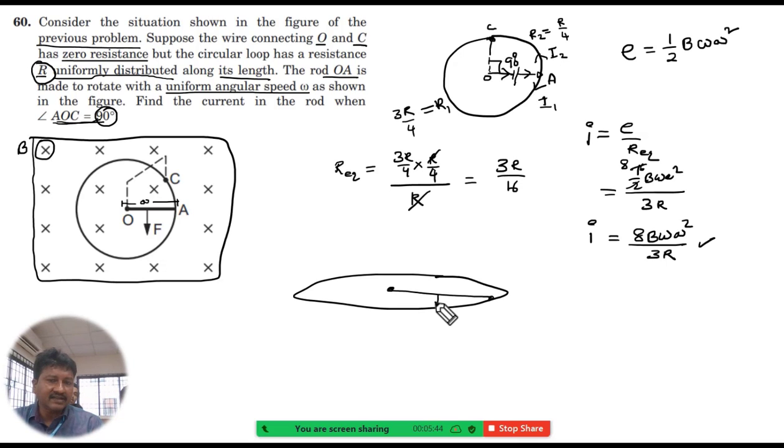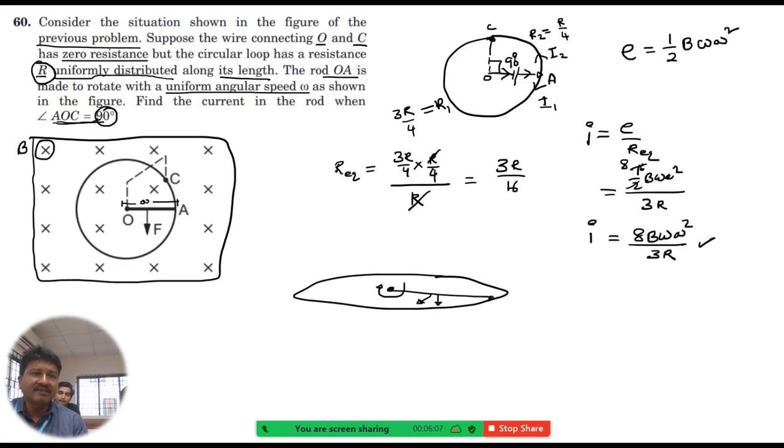The weight will act in this direction, gravitational force, and that won't change the theta. It is 90 degrees, and we apply force in this direction to rotate. If theta is other than 90 degrees, the weight of the rod will act as well. But this is in the horizontal plane, so the force will always be horizontal, and theta is 90 degrees.